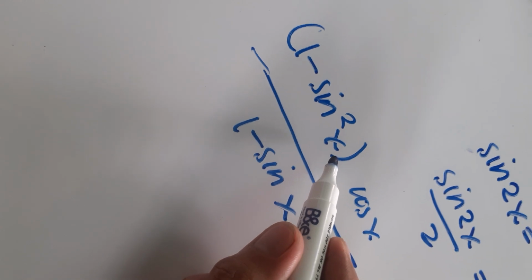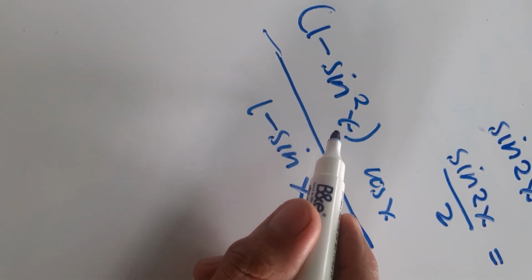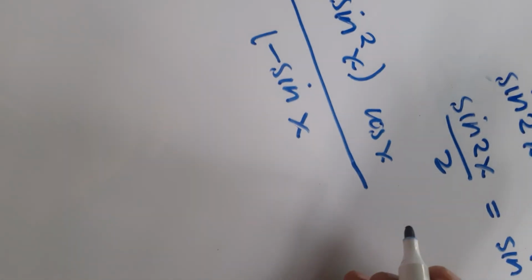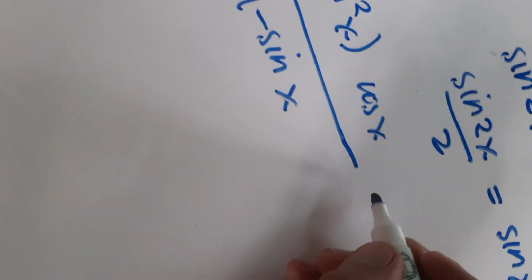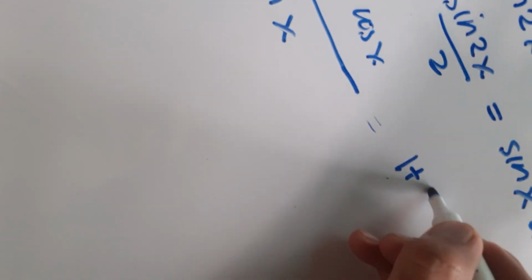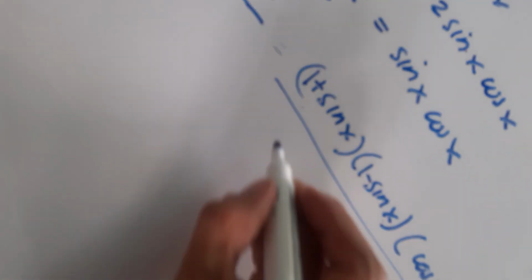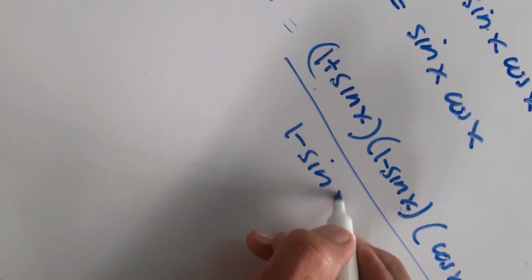You can also write this term into two different terms simply using squares. So 1 plus sine x times 1 minus sine x times cos x over 1 minus sine x.